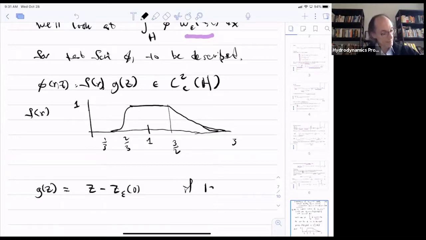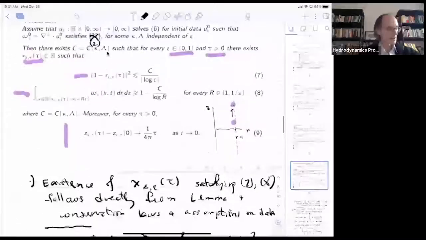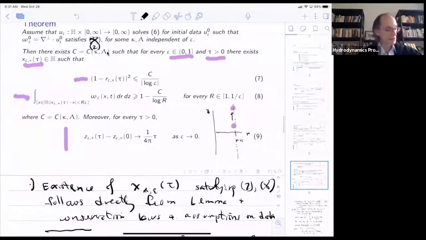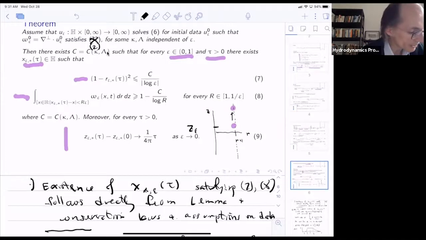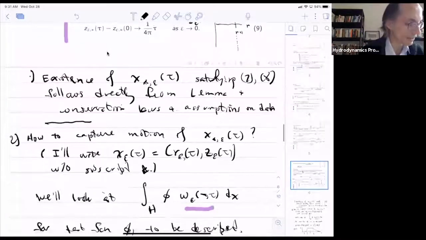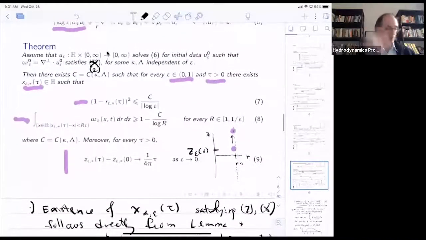Again, it starts out at a certain height. And I want to know how far it moves in the vertical direction from there.